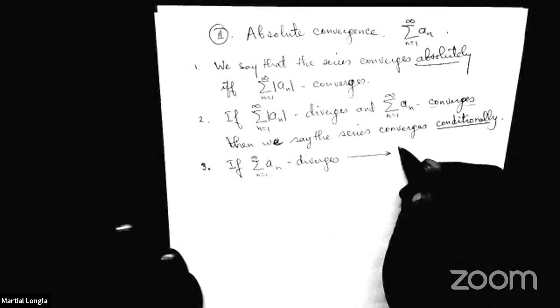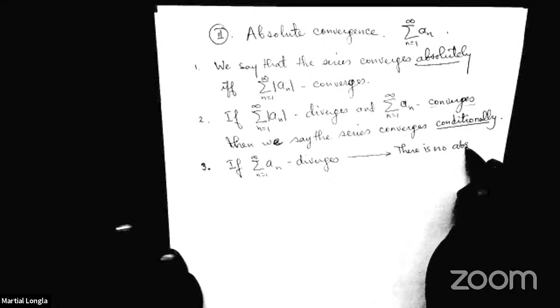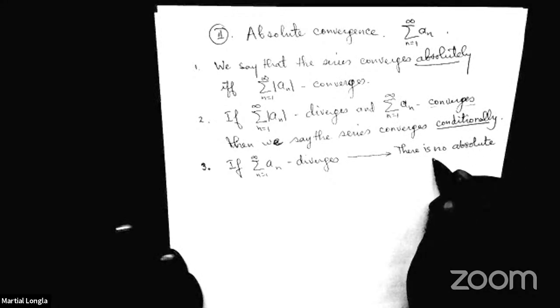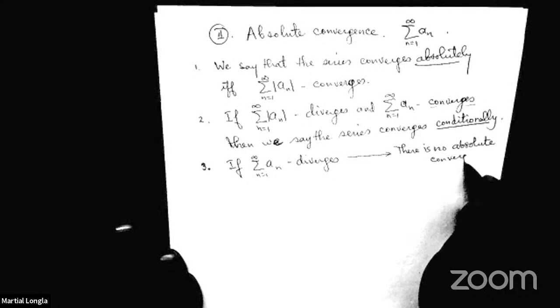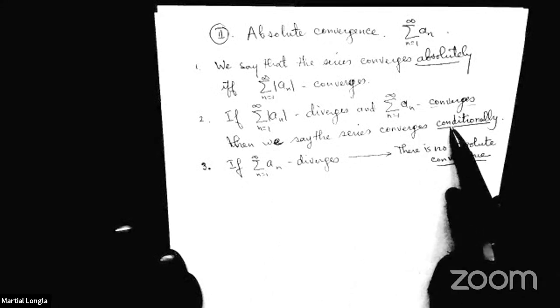So there is no absolute convergence, and because it diverges, it's also not conditionally convergent.